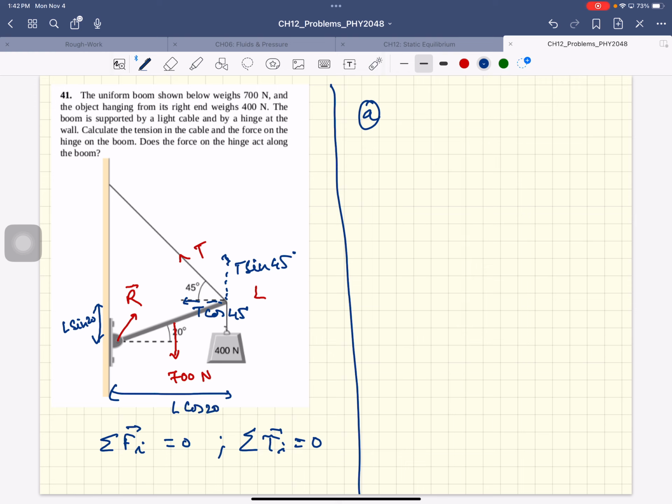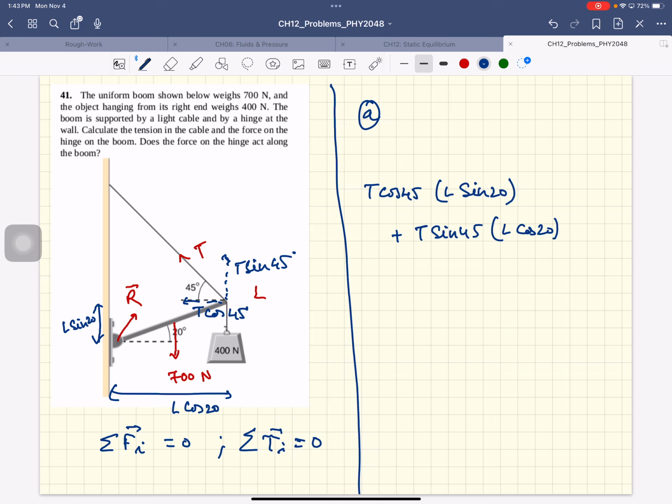All right, so that force will give you a counterclockwise torque. This force will give you a counterclockwise torque. This will give you a clockwise torque. This will give you a clockwise torque. I'm going to write these down. So I'll write T cosine 45 times the moment arm L sine 20, plus T sine 45, the moment arm is L cosine 20.